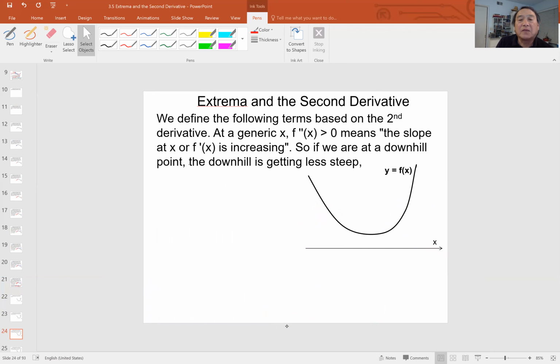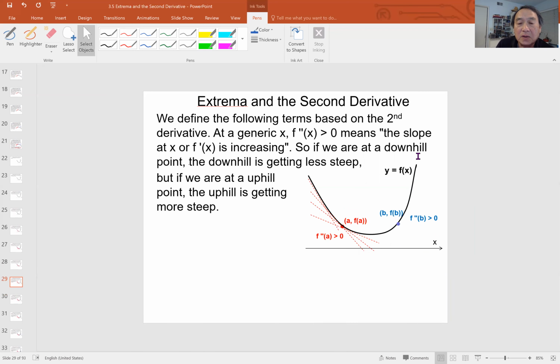So what does it mean for the second derivative to be positive? At a point where the second derivative is positive, we're going from very negative slopes that slowly turn into climbing. It goes from falling to climbing.